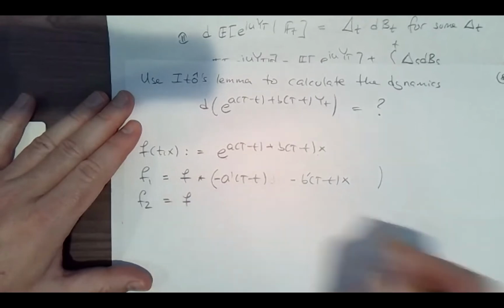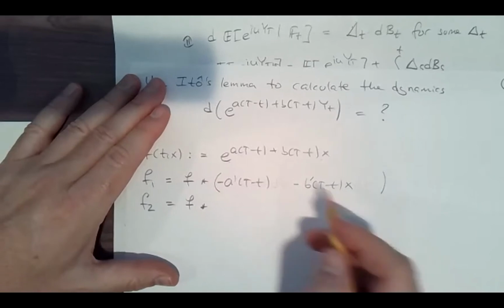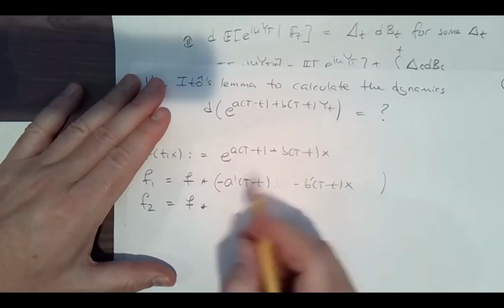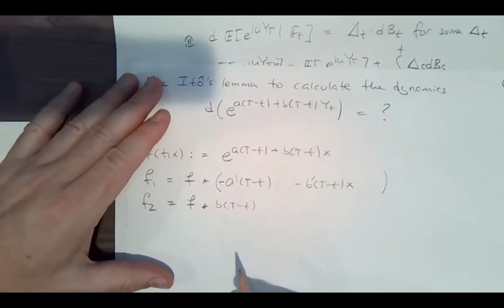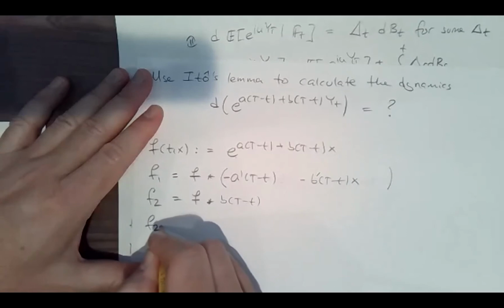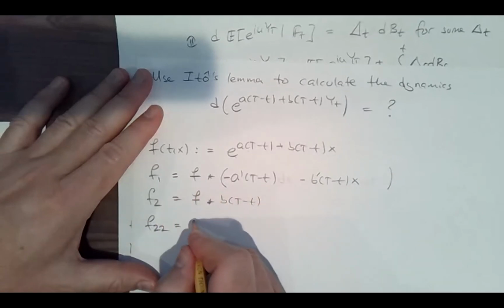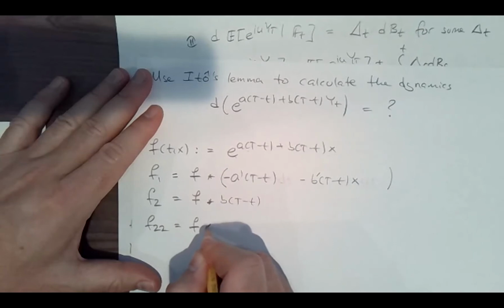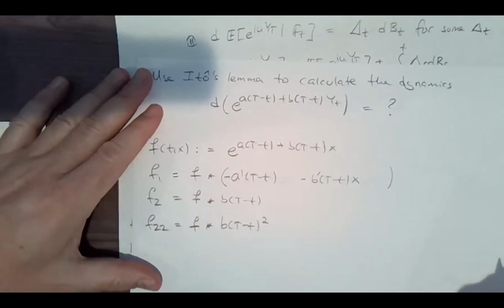You're going to get f down, and then times, now we did the derivative with respect to x, so we're going to multiply here by b(T minus t). And then I also need f22. So I have to take the derivative with respect to x of this guy. It's going to be f times, and then I'll get b again, b(T minus t) squared.